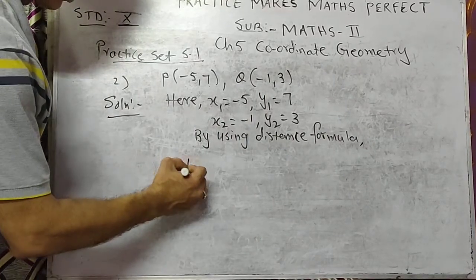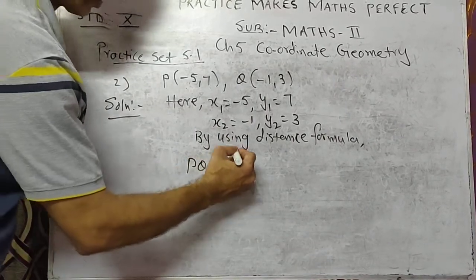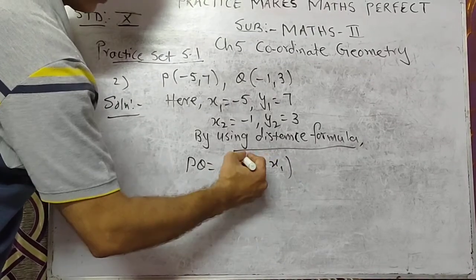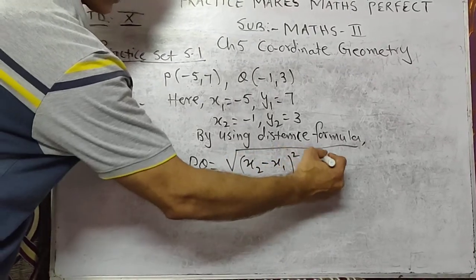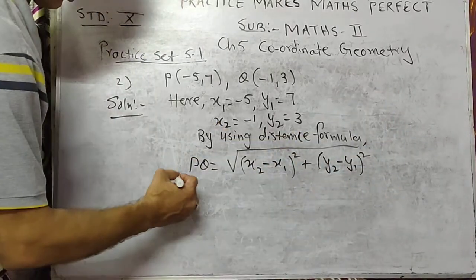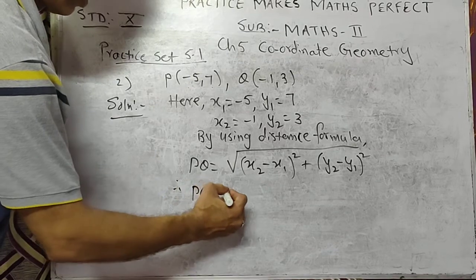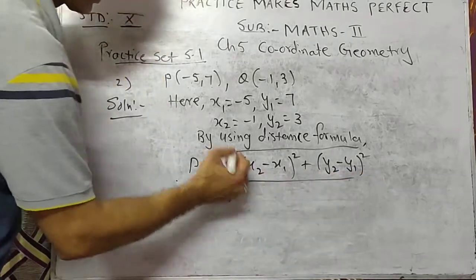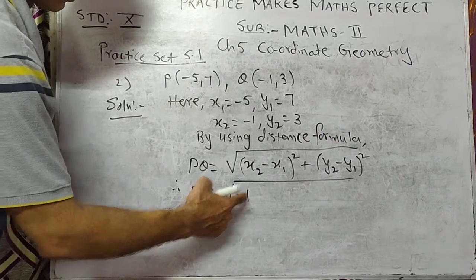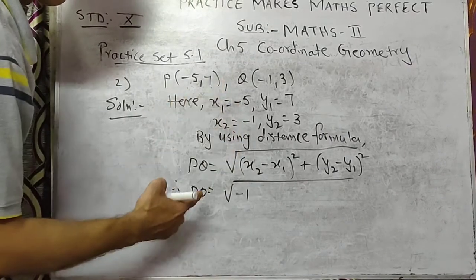So your distance formula, PQ is equal to square root of x2 minus x1 the whole square plus y2 minus y1 the whole square. Then PQ is equal to square root of x2, which is minus 1, and x1 is minus 5.